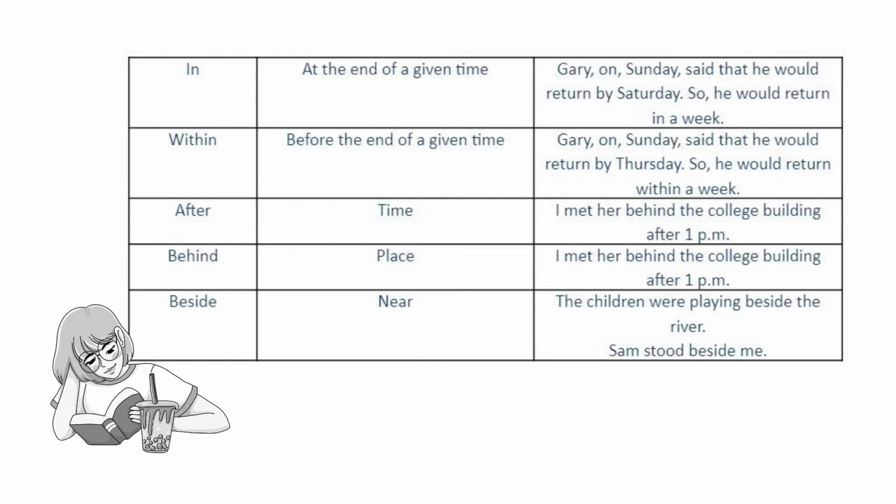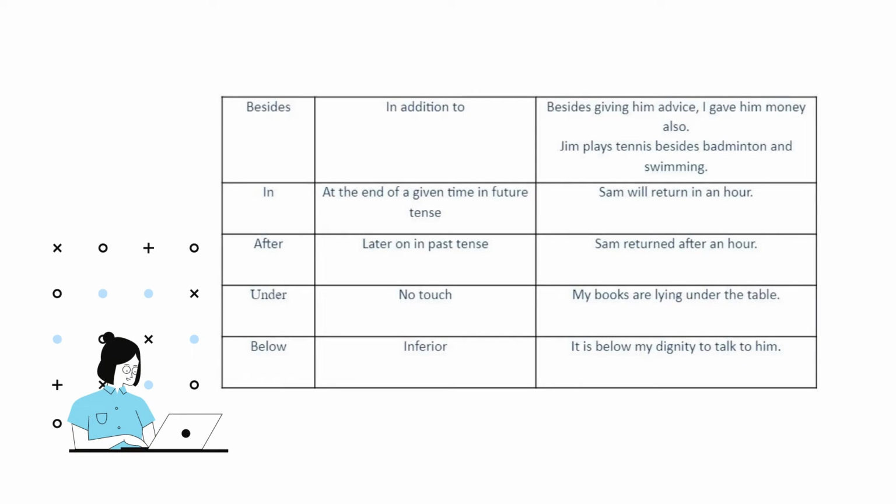Moving towards the next preposition, that is besides, it is used in the context of in addition to. Let us take an example. Besides giving him advice, I gave him money also. Here, you can see that besides is used to add the information.